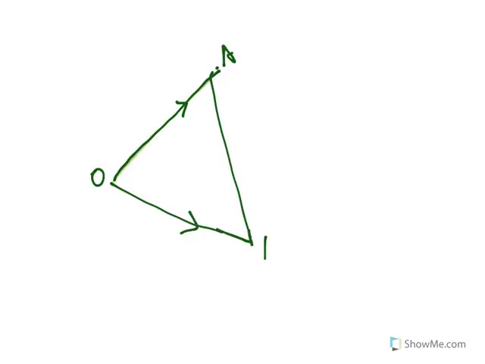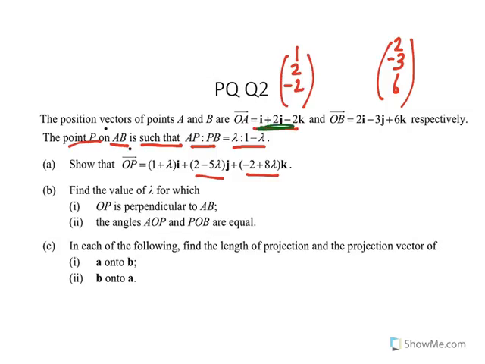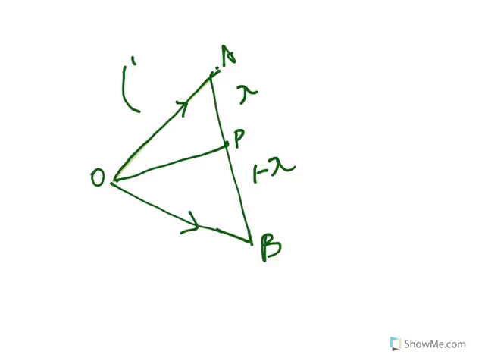And this is B. We know that P lies along AB because P divides AB in the ratio lambda to 1 minus lambda. Do we know what OA is? Yes, we do from the question. A is 1, 2, negative 2, and B is 2, negative 3, and 6.